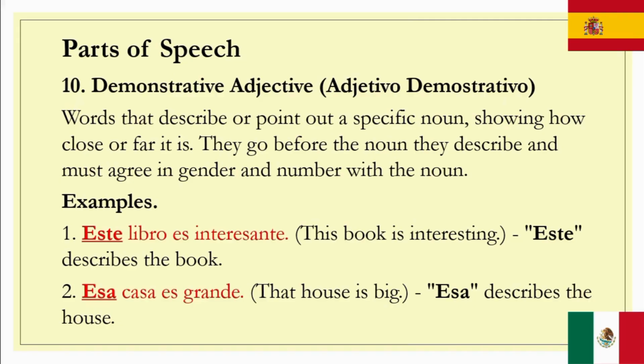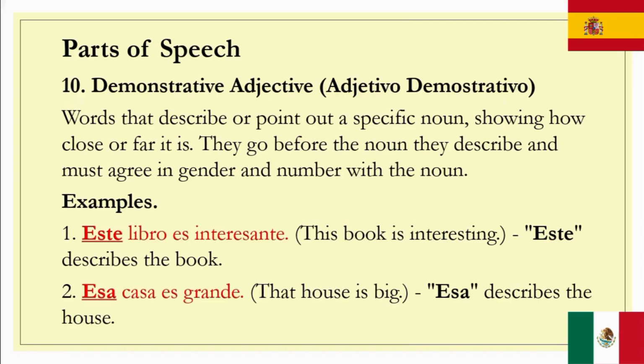In English, these are the "this" or "that" we use most of the time. That's why in Spanish you must also learn and master this, so we can have a fluent conversation, a flow that is accurate in Spanish.